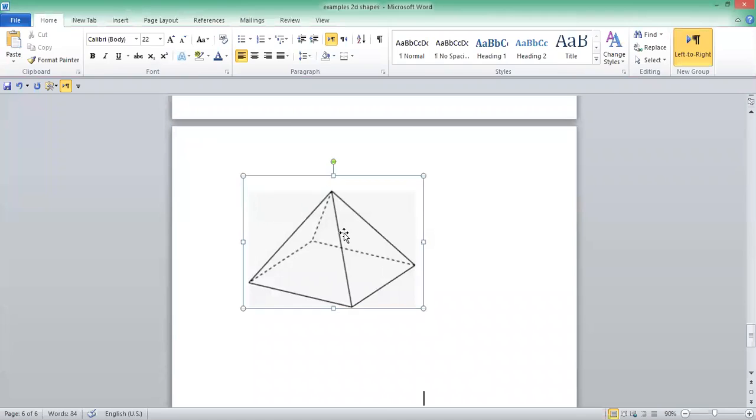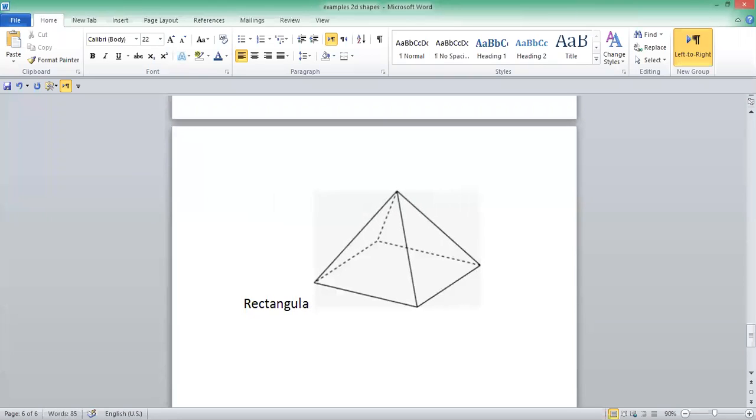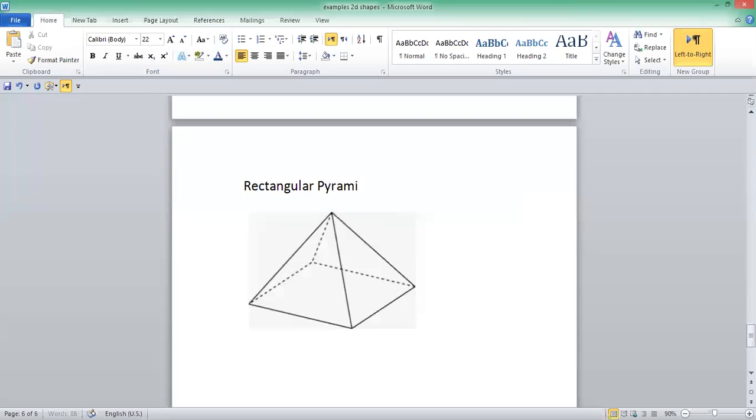I can write it down. This is a rectangular pyramid. It has 5 flat faces. Look, guys, 1, 2, 3. This is 1. Here 2.